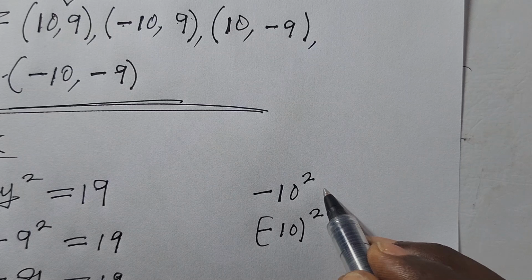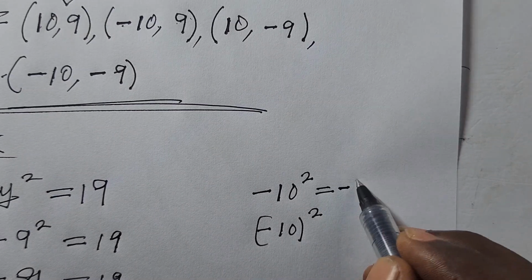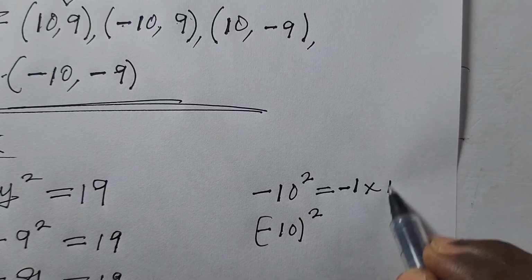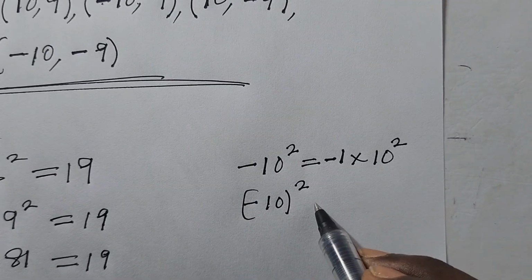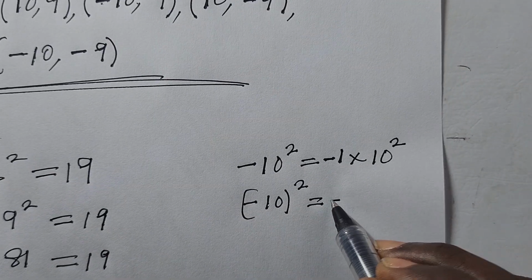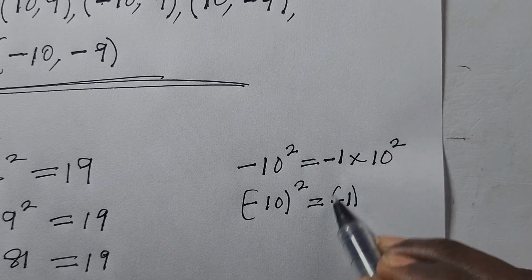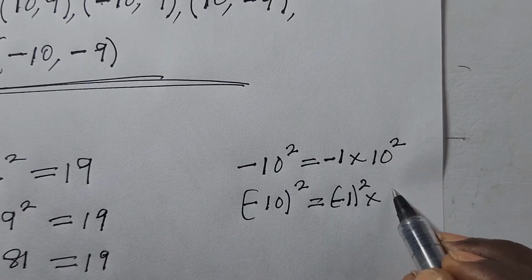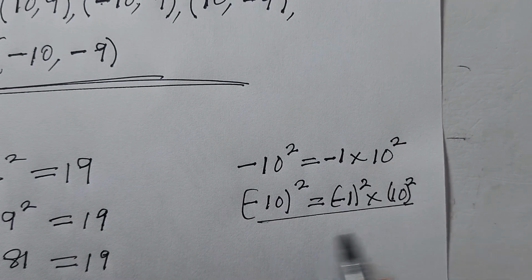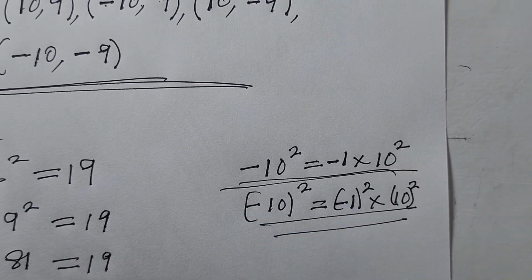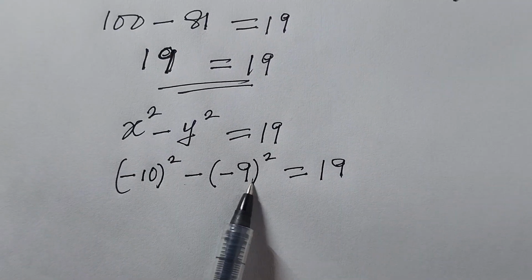In other words, one could be written as minus 1 times positive 10 to the power of 2. Meanwhile, the other is written as (-1) to the power of 2 times 10 to the power of 2. So these two expressions are different.